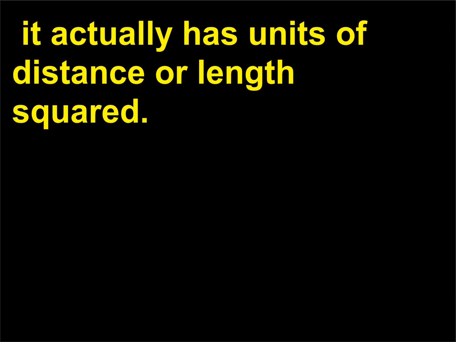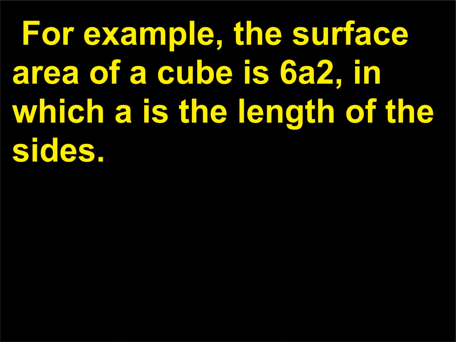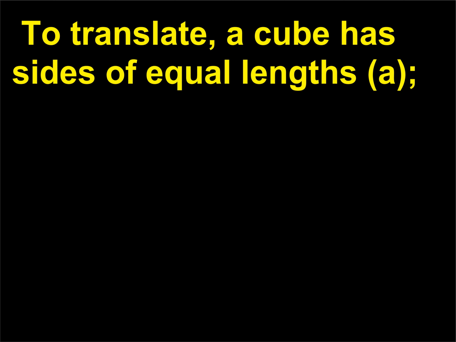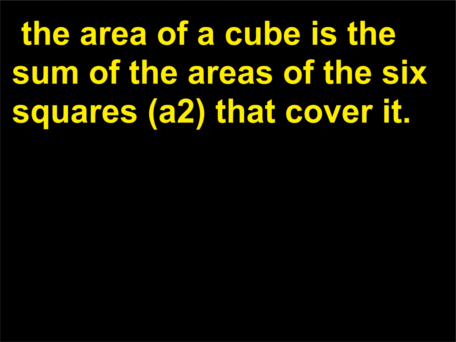It actually has units of distance or length squared. For example, the surface area of a cube is 6a², in which a is the length of the sides. To translate, a cube has sides of equal lengths, a. The area of a cube is the sum of the areas of the 6 squares, a², that cover it.